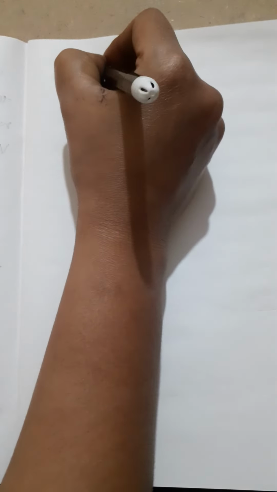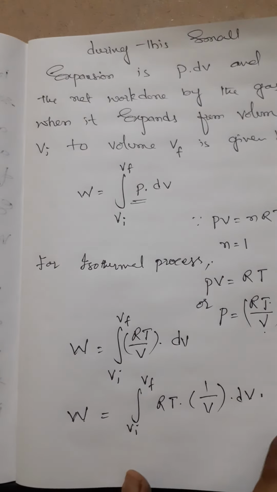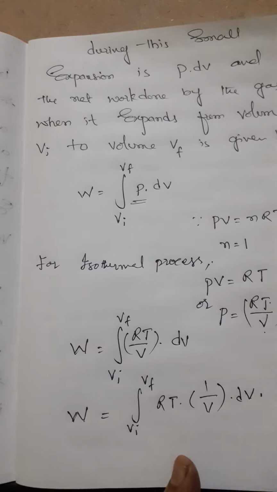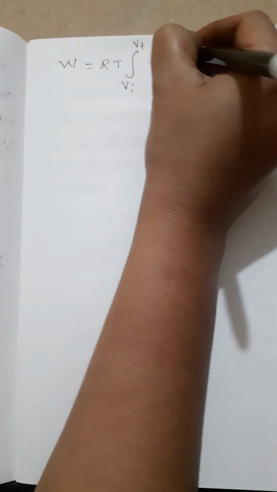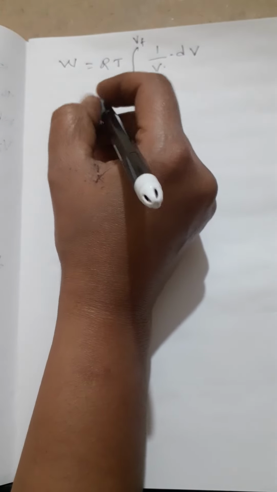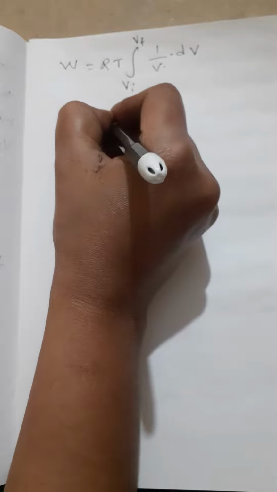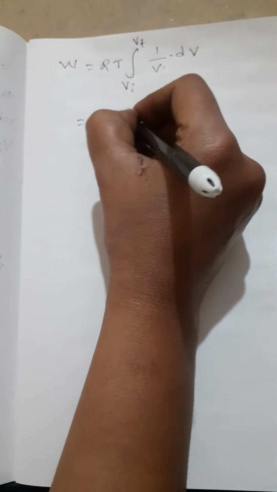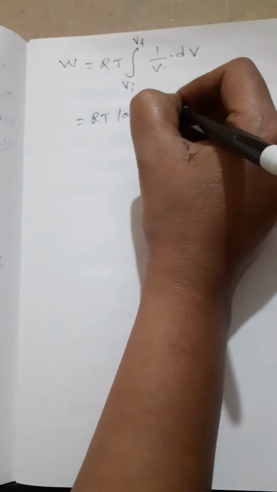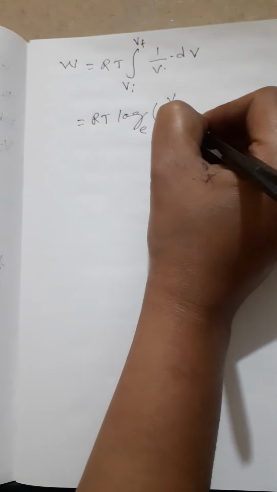Now we have to integrate this equation. Taking out RT, we need the integration of 1 by V dV from Vi to Vf, which gives RT log e of Vf by Vi.